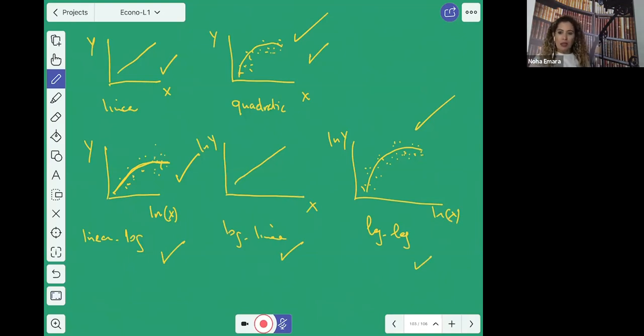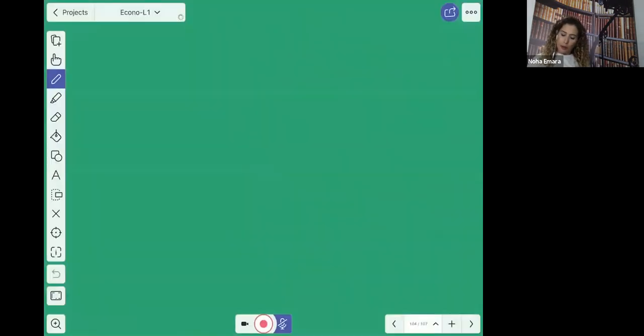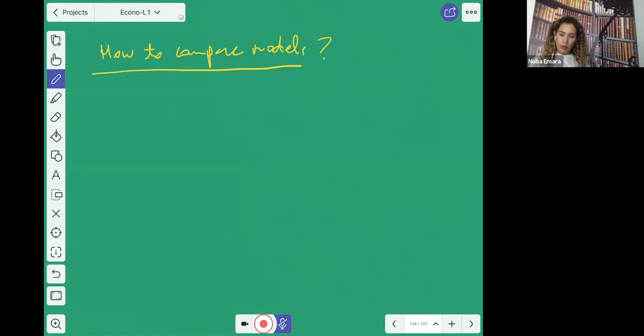So the best answer to that is the following. How to compare models? Which model is the best fit for our regression? I have so many different types: linear, linear log, log linear, log log. And I can keep adding quadratic, to the power 3, to the power 4, and interactions.